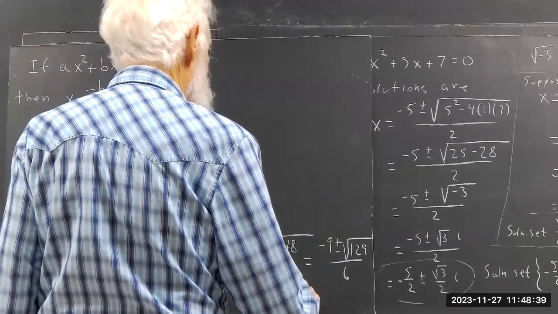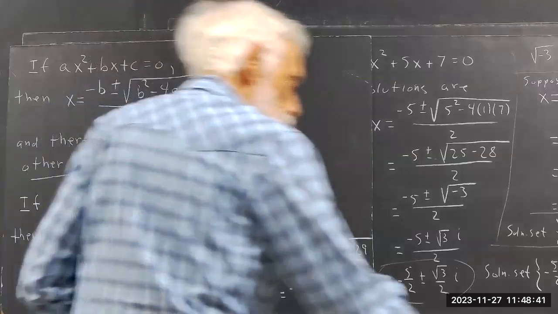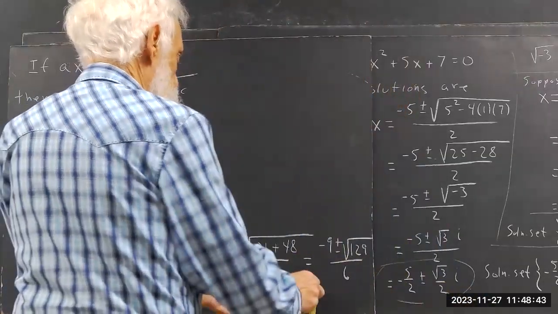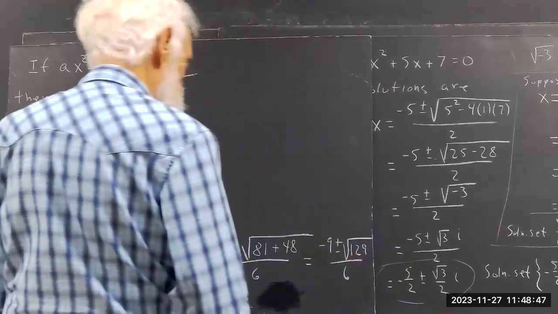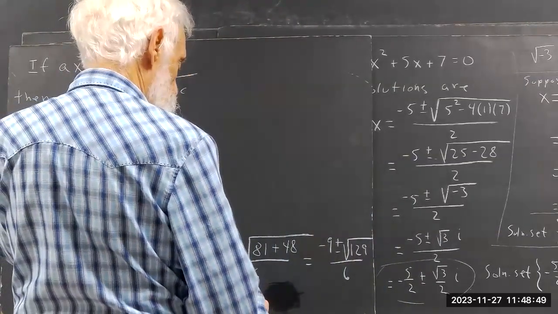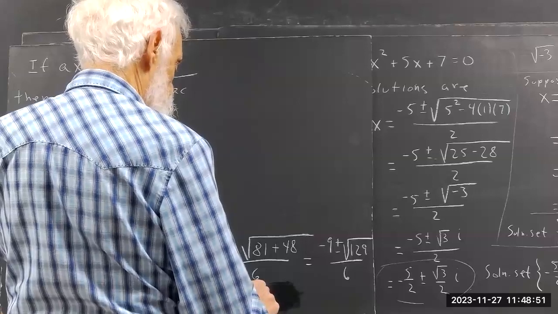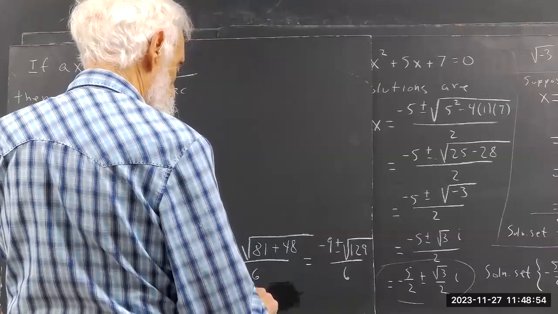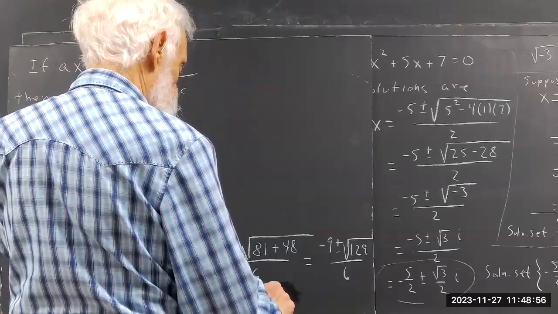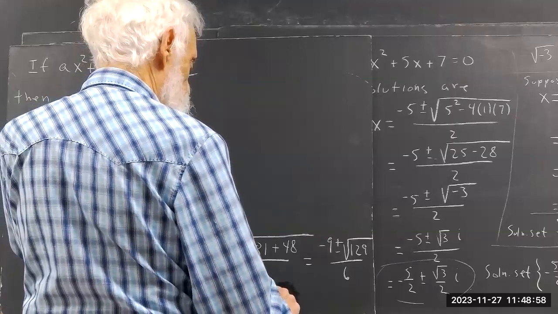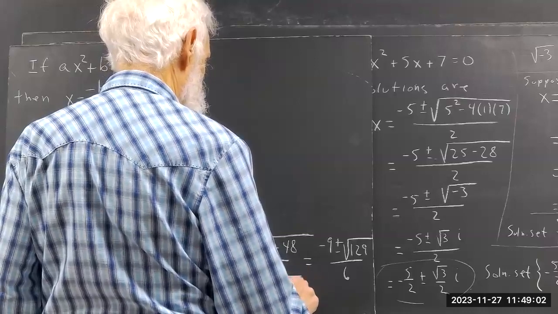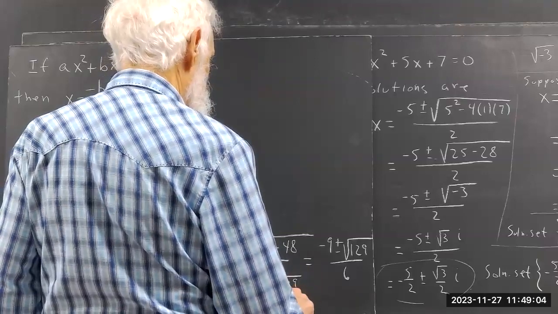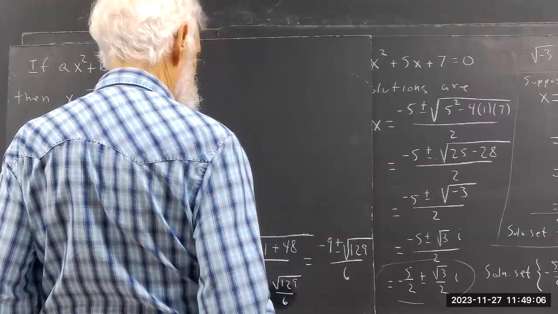well, okay. I'm doing too much in one step. Let's just carefully write out the next step here. Okay, well, this equals -9 over 6 plus or minus the square root of 129 over 6.